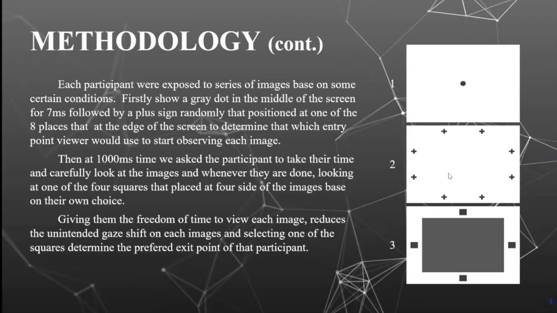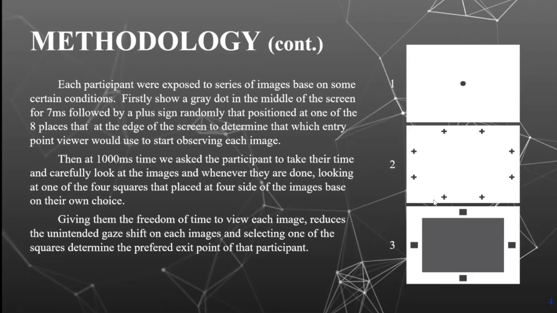These 8 positions are shown at once here, but in the test we show just one of those. The reason is that we want them to select the entry point of the image by themselves, so we don't dictate any entry point to them.